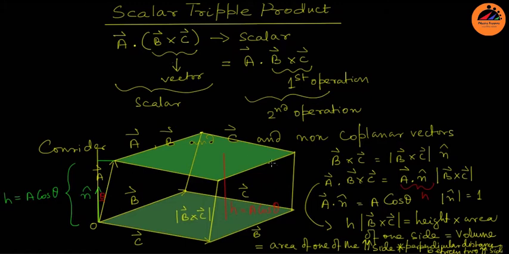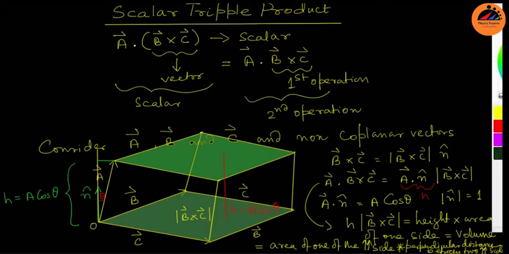Okay, so this is the volume of the parallelepiped, which is A dot B cross C.